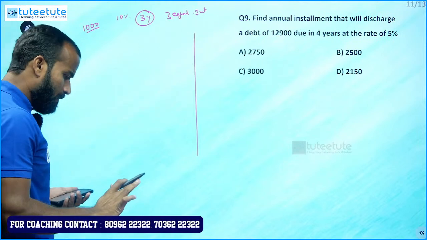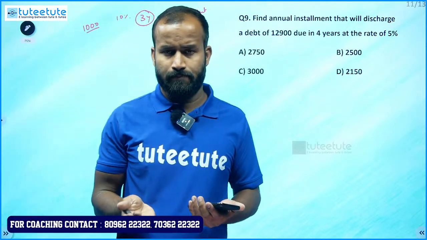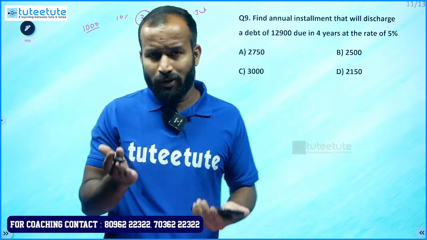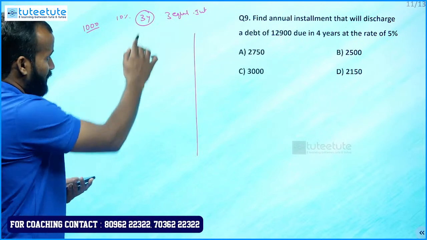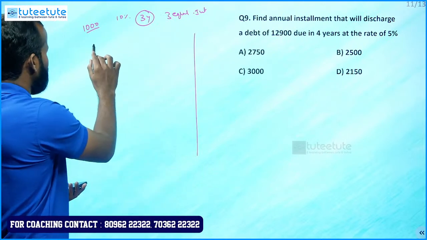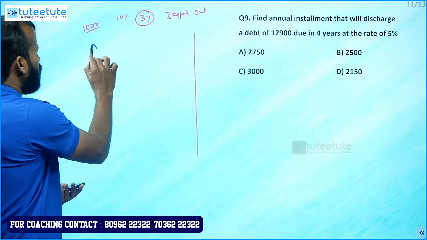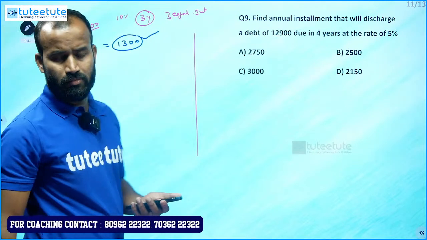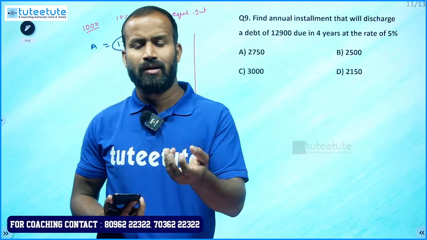If you find simple interest for 3 years at 10%, 1 year is 10%, 3 years means 30% of 1,000, so 300 will be interest. So the amount will be 1,300.